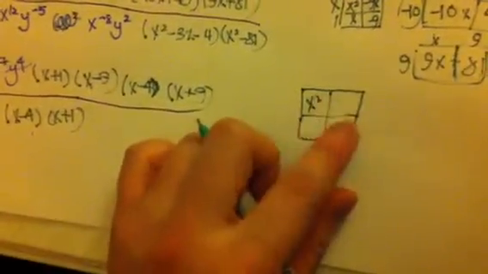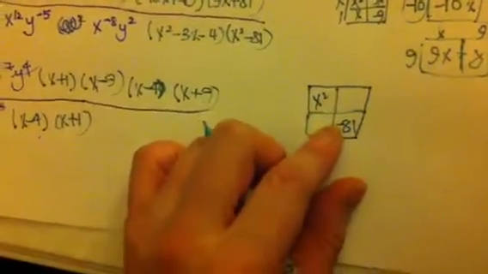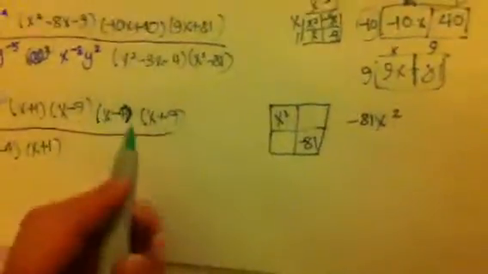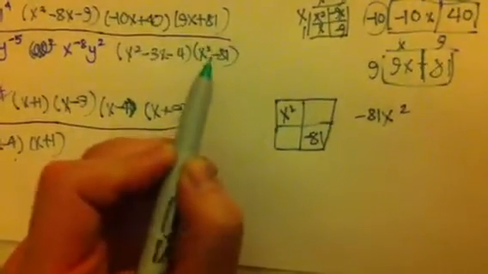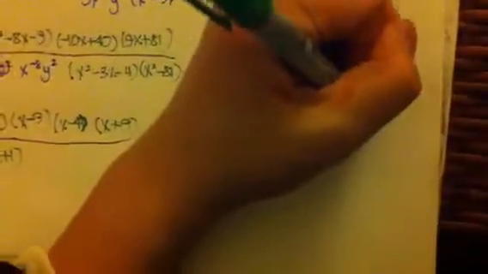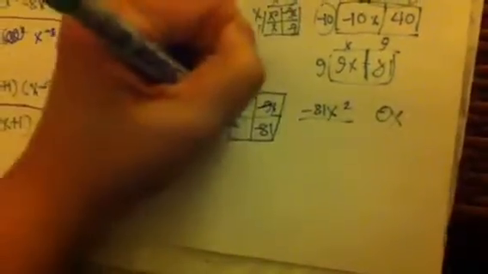x squared minus 81. So we ask ourselves, remember, this times this has to equal this box times this box. So what two numbers multiply to negative 81x squared, but they add up to, oh look, there is no x in this factor, so they have to add up to 0. What multiplies to negative 81 but adds up to 0x? Well, negative 9x and 9x.